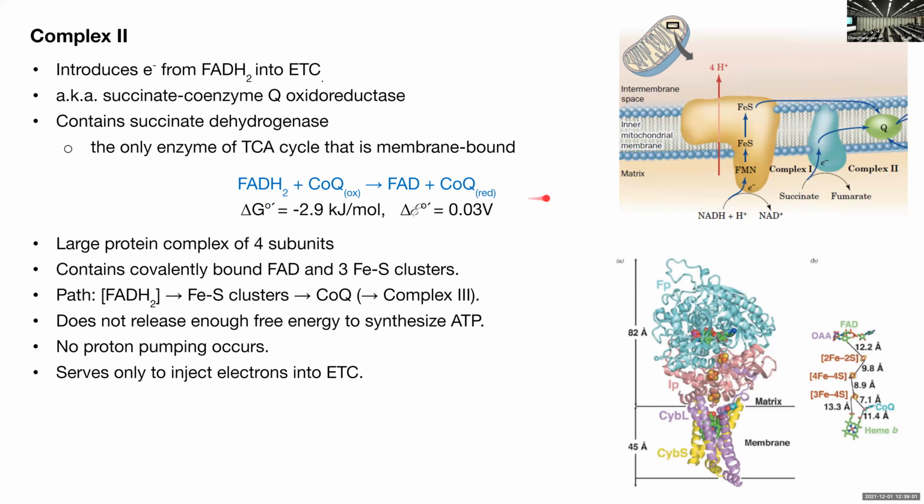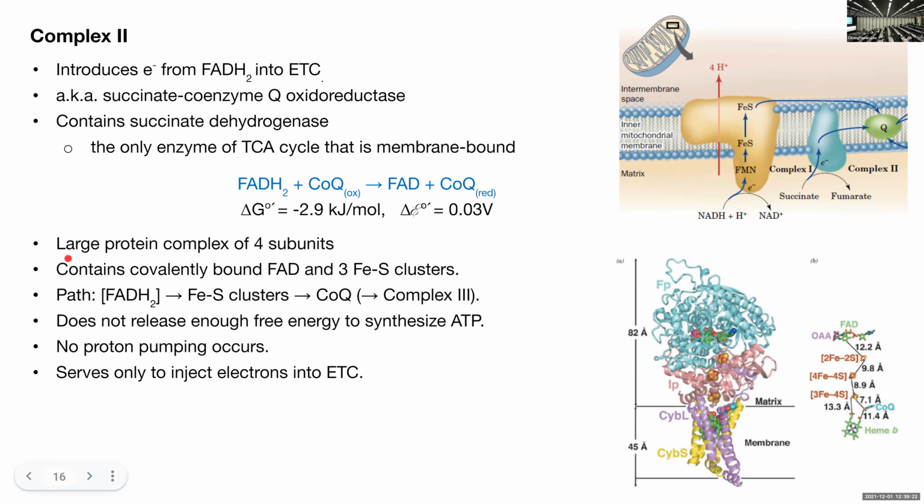So here's the total reaction with the delta G naught prime as a negative value, barely negative here. And delta E naught prime is, of course, a positive value, 0.03 volts. So that means it's going to happen spontaneously again.